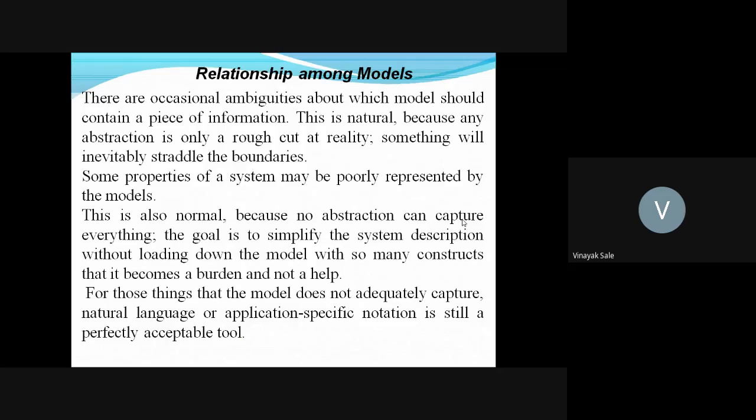Some properties of a system may be poorly represented by the models, and this is also normal because no abstraction can capture everything. The goal is to simplify the system description without loading down the model with so many constraints that it becomes a burden and not a help.